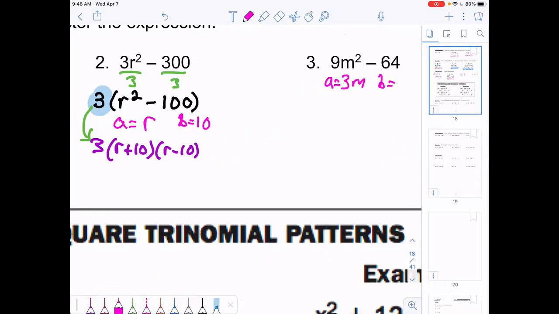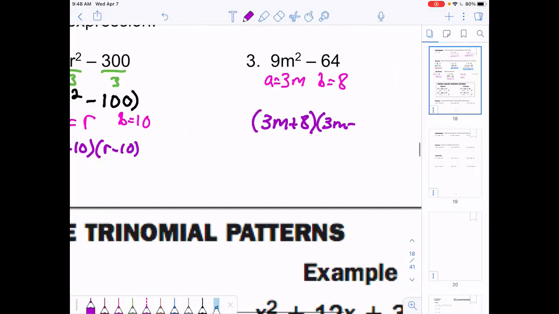Yeah, the square root of 9 is 3. Square root of m squared is m. The square root of 64 is 8. So you just take 3m plus 8 and 3m minus 8.